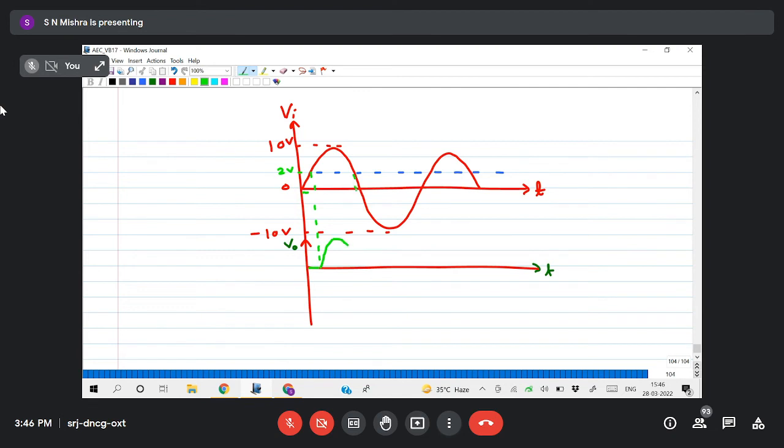Until the input goes below 2 volt, the output changes like this. Then whenever it goes below this point, 2 volt, the output again changes to 0 until the next time it rises above 2 volt. So up to here again it is, then again it is changing up to this point, then again 0 like this.